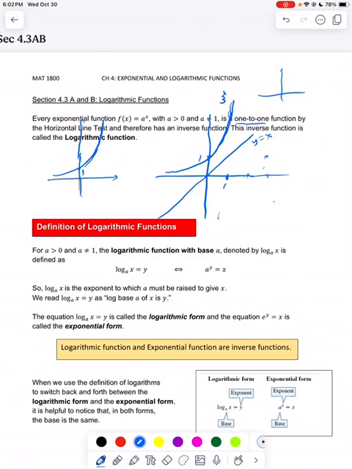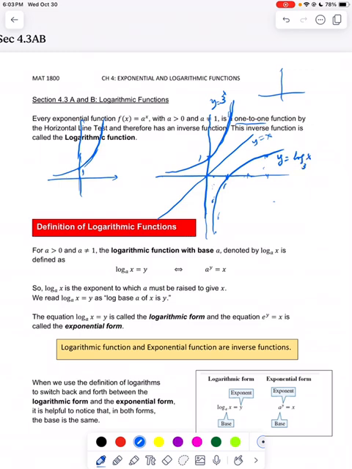And at 1 over 3, the y value will be negative 1. Now you can see how the function looks. If this is y is equal to 3 to the x, then this will be y is equal to log base 3 of x.